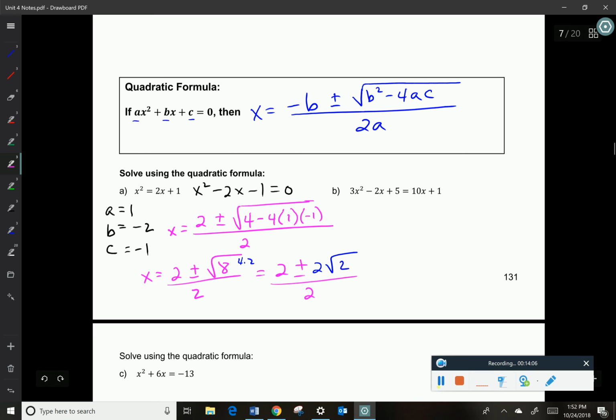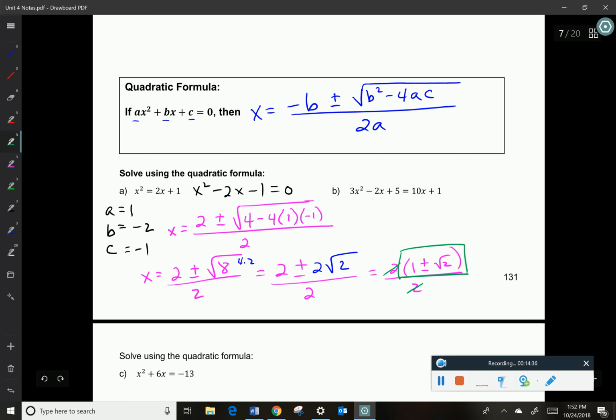And actually, in this case, we can go one step further, because on the top, couldn't we factor out a 2? If I factor out a 2 from the top, I'm going to have 1 plus or minus, and if you take that 2 out, you still have the square root of 2, all over 2. And the reason I mentioned that is because now those 2s out in front will cancel, so your final answer is just this.